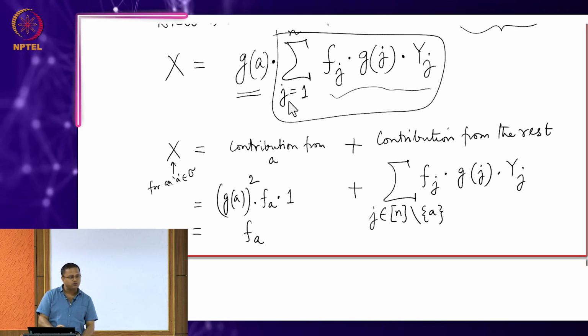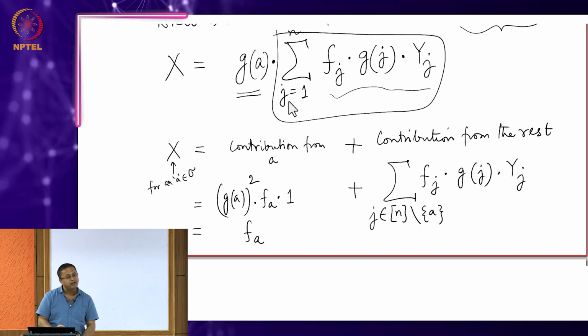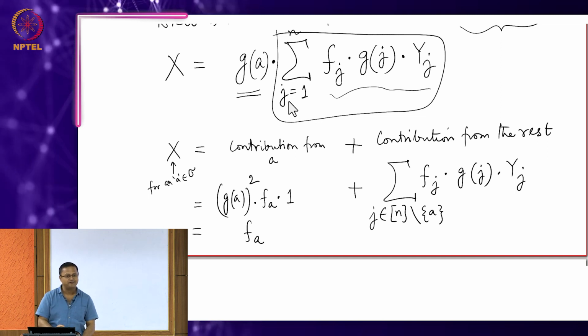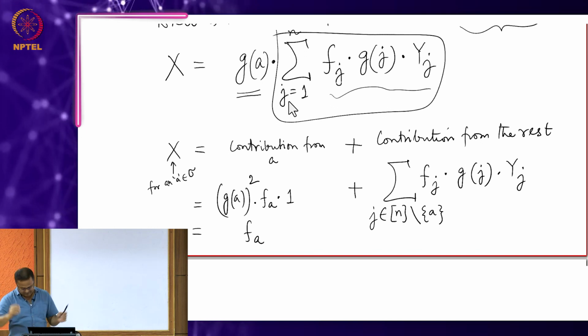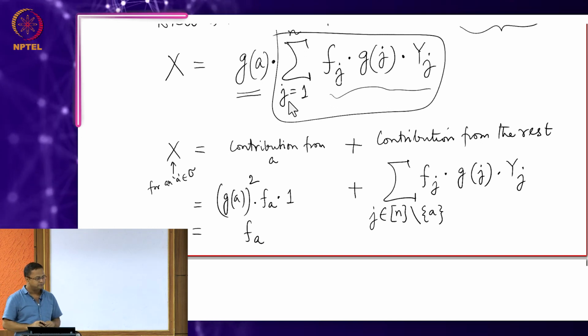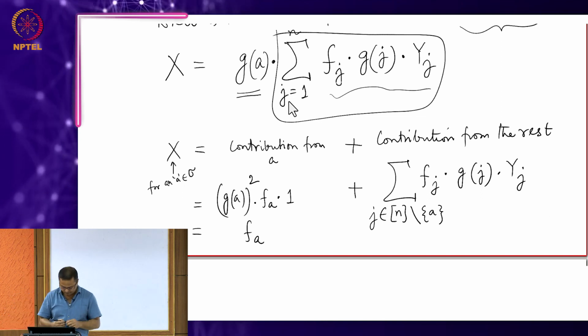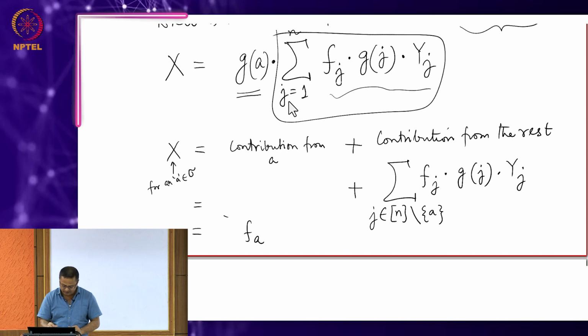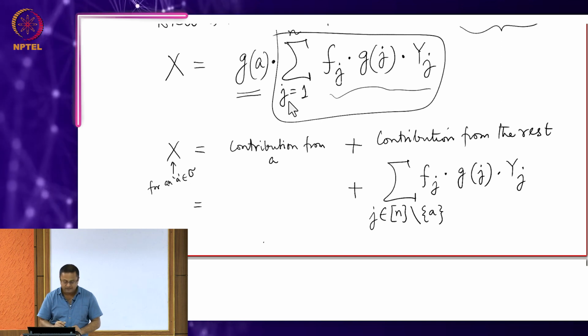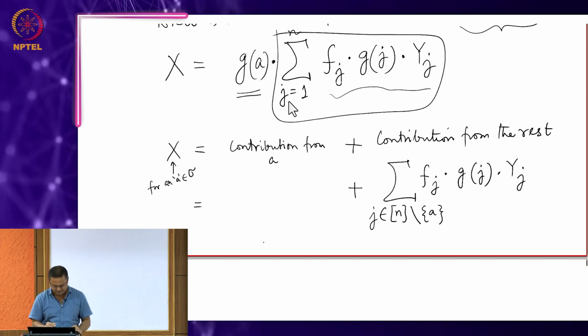So, the contribution of fA will never come out as negative. The rest will come out as plus minus randomly and sort of cancel things out. Fine. Now, you start getting the fun of probability, right. You can do a lot of things.